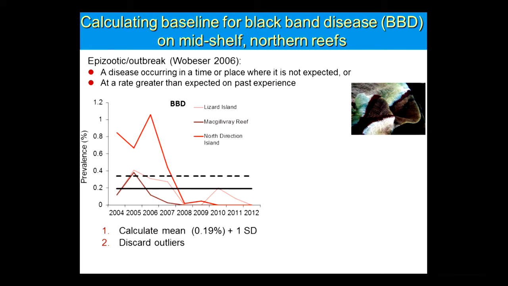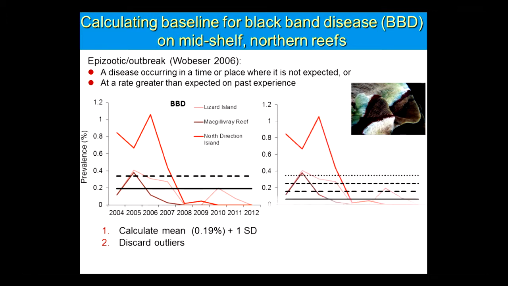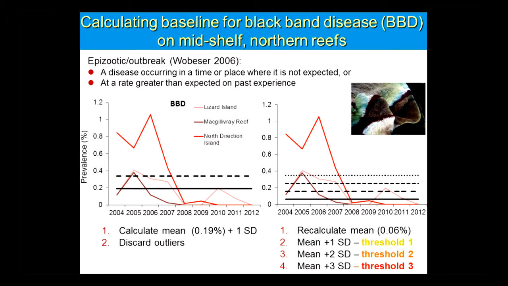In this case, these outliers for black band disease correlated with very high thermal anomalies. And if you included those in the baseline, we would suggest that that would inflate it. So we have removed those outliers, then recalculated the mean and the standard deviation, and then included two other thresholds here, or 1, 2, and 3 standard deviations above the mean, and we're suggesting that that might represent 3 different thresholds that could be used for a management response.